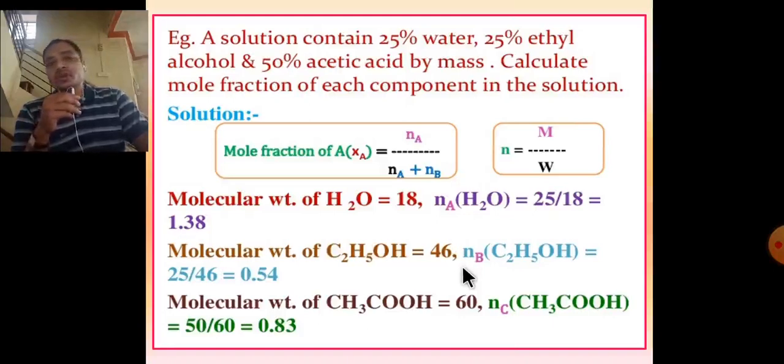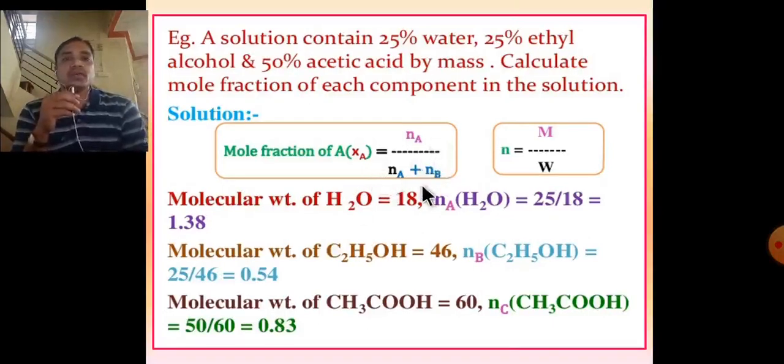Calculate the mole fraction of each component in the solution. The mole fraction of component A is Na upon Na plus Nb, and the number of moles is calculated as N equals W upon M. The molecular weight of H2O is 18. For water, Na is 25 divided by 18, weight divided by molecular weight, that is 1.38 moles of water.